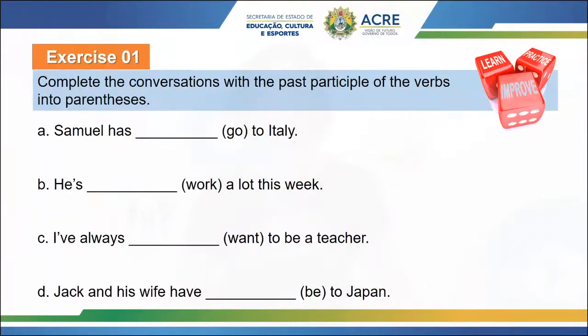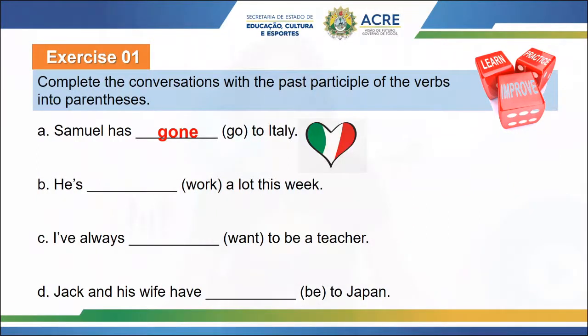Exercise 1. Complete the conversations with the past participle of the verbs in parentheses. Remember, the verb has 3 forms. Base form, simple past, and past participle. Letter A. Think about it. Let's check. Samuel has gone to Italy.